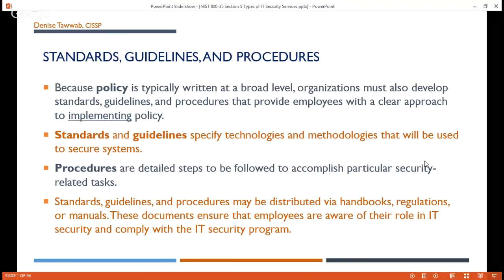So those are your detailed step-by-step procedures. Your standards, guidelines, and procedures can be distributed in your organization via handbooks, regulations, or manuals, even on a website. But these documents ensure that your employees are aware of their role in the IT security program and that they also comply with your IT security policies.